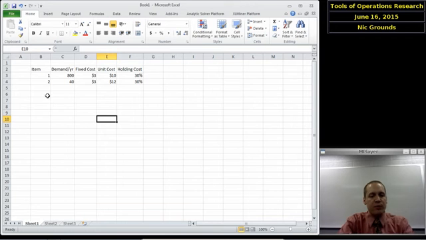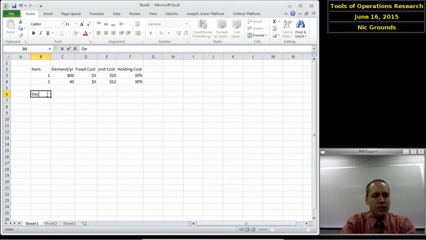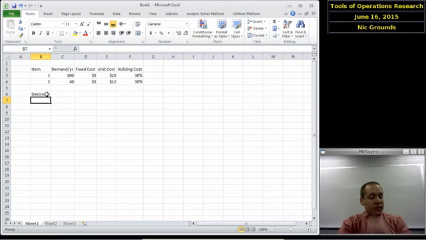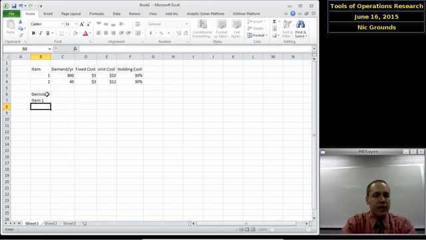In this case, our decisions to make are the number of orders per year or the quantity of how much to order, because with one you can always compute the other. So let's do the quantity of how many item 1s and how many item 2s we want to order.